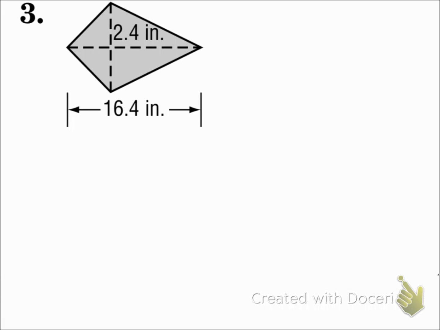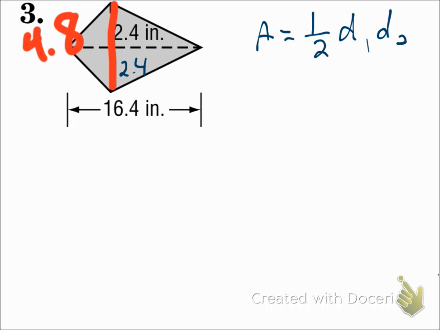On number 3 we have a kite. The formula for area is half diagonal 1 times diagonal 2. Well, I know diagonal 1 is 16.4 inches, but I don't know the other diagonal. Since a kite is symmetrical, the top half is 2.4 and the bottom half is also 2.4, giving a grand total of 4.8.